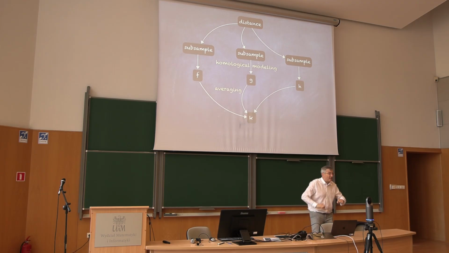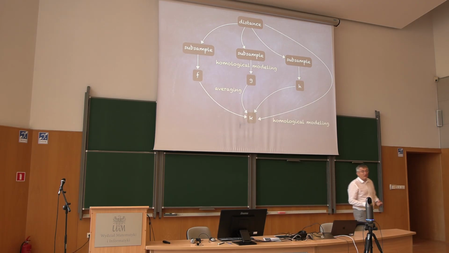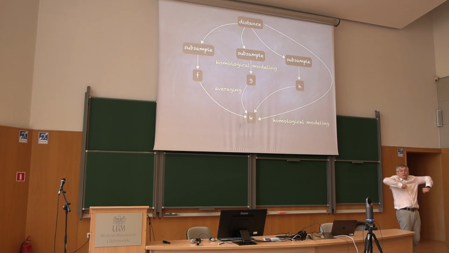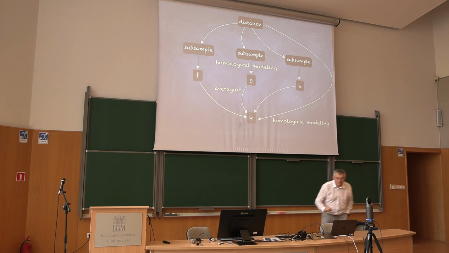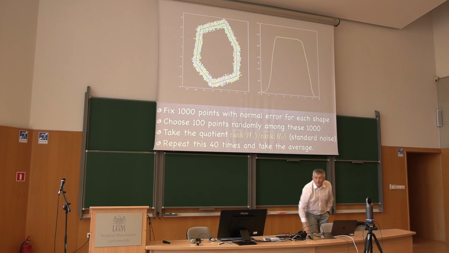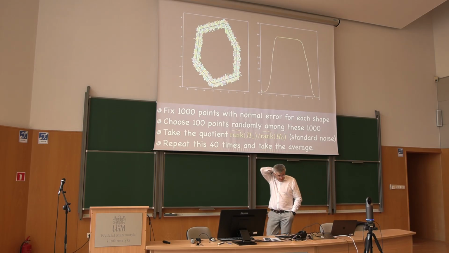This is another homological modeling. So in your space, you're pushing it outside. It's still very tiny, you push it slightly, a little bit. Okay, so let me illustrate what it does.